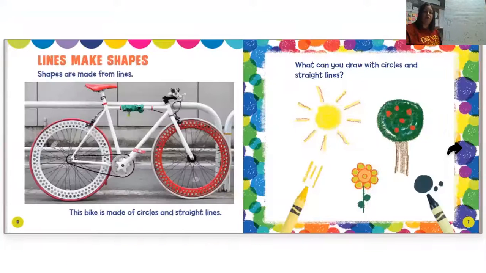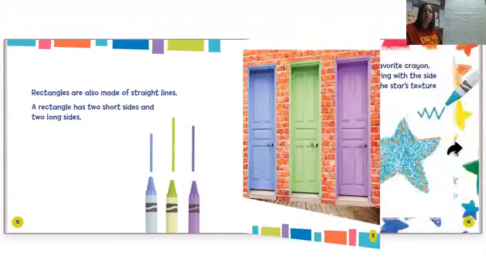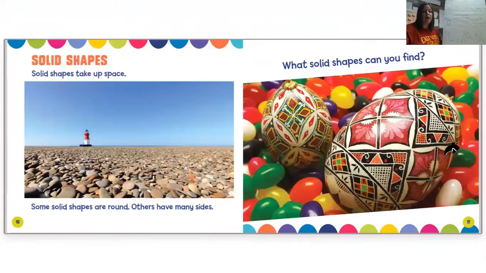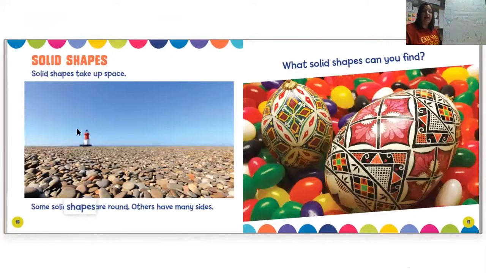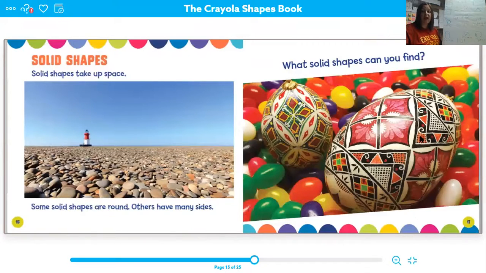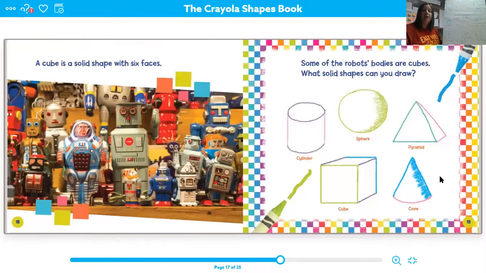Very colorful pictures. Of course, it's Crayola, so it's going to be very colorful. And towards the end of it, it also shares with you some 3-dimensional objects as well, that they are some solid shapes. Others have sides, so we can see our different shapes by looking at the different ones, and you can try to build yourself.